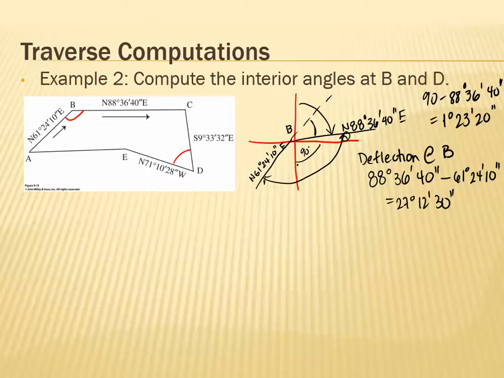I'm going to take 180, because we know that this line is 180, and I'm going to subtract that 27, 12, 30 that I just found, and that's going to help me find my interior angle. Does that make sense? So I know my deflection angle, it's this one, and it's also this one.